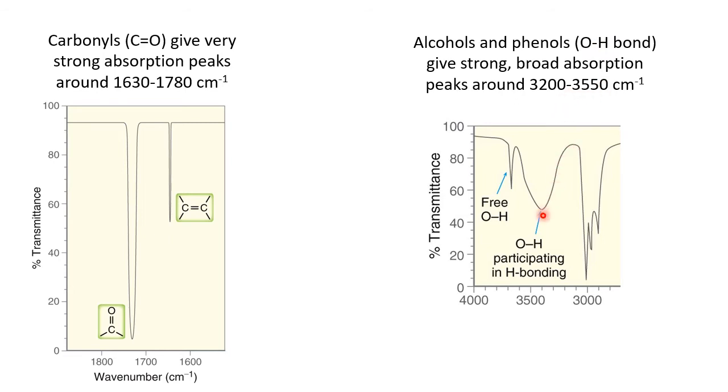Now, the reason that OH peaks are broad has to do with the fact that OH peaks are capable of participating in hydrogen bonding. We will not be talking about any OH peaks that do not participate in hydrogen bonding until Chem 227. So for our purposes in this class, we are always going to see a broad absorption representing an OH peak.